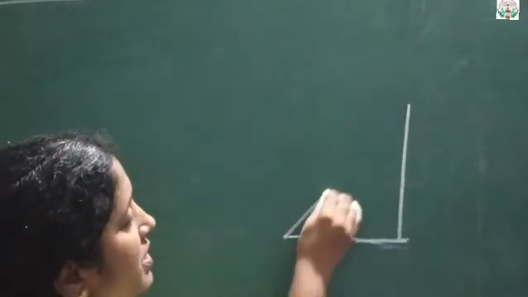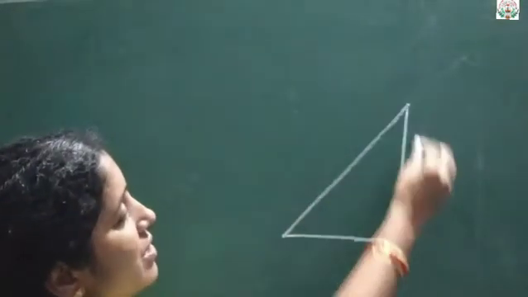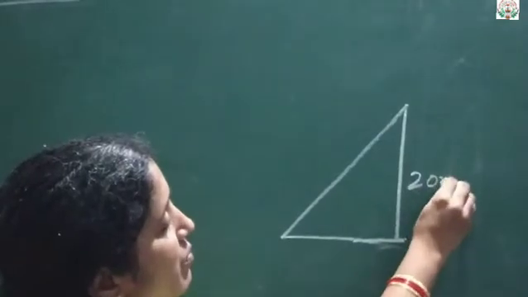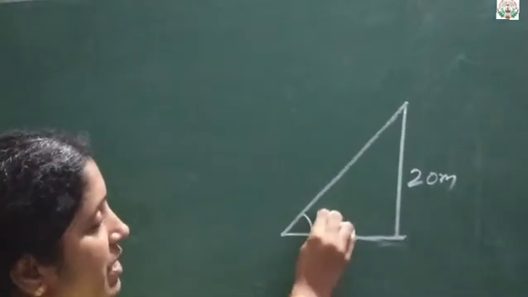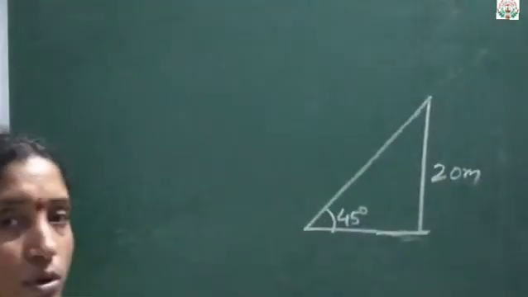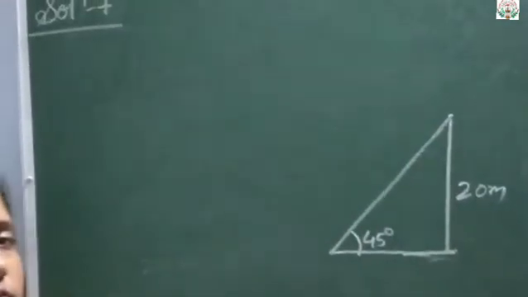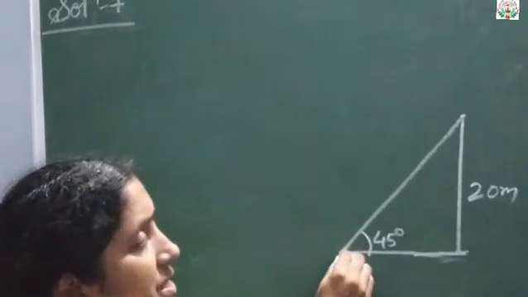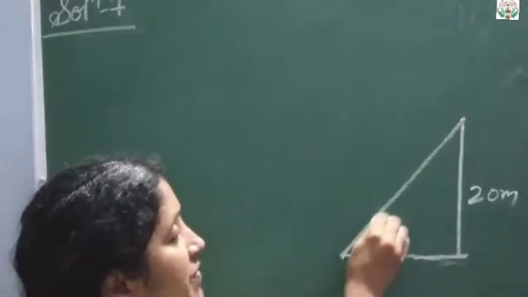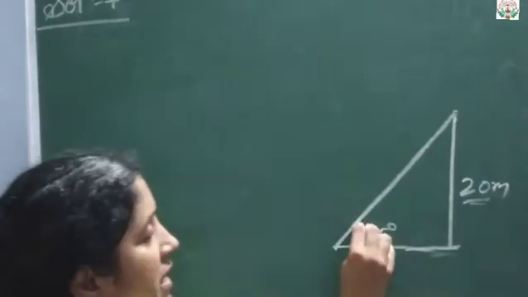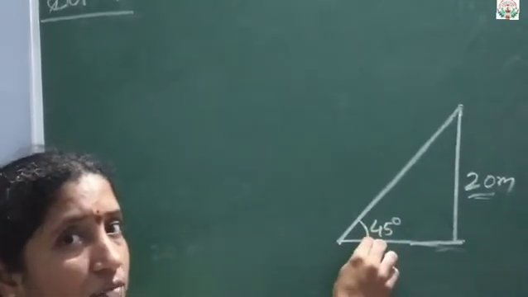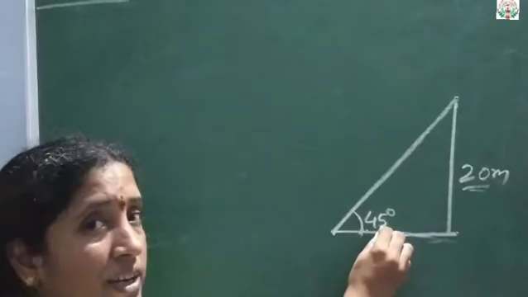to the top of the tower, the building height is 20 meter. Now this is elevated with 45 degrees. Now from the base here, the building of height 20 meter makes an angle of elevation of 45 degrees.